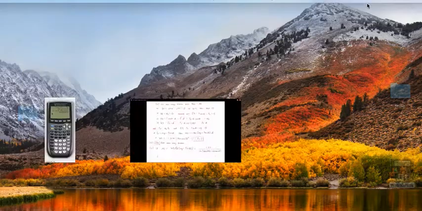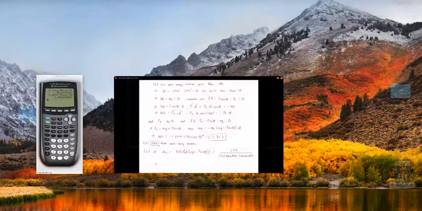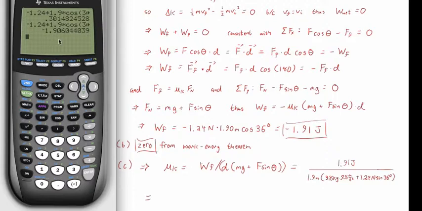So if we enter that value, all right, we're going to have this expression. There we go. All right. And let's clear up that negative.